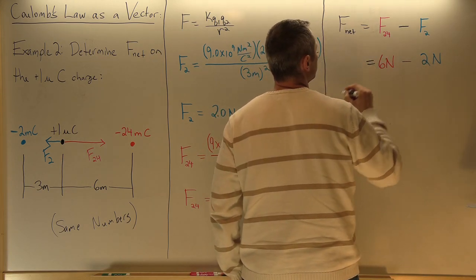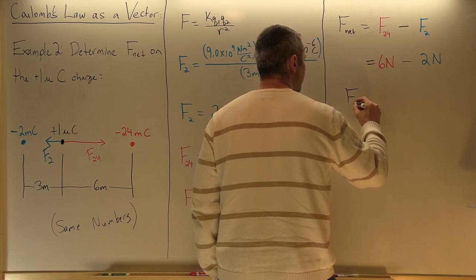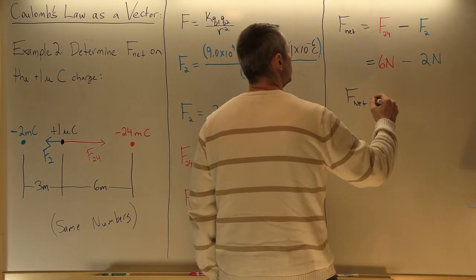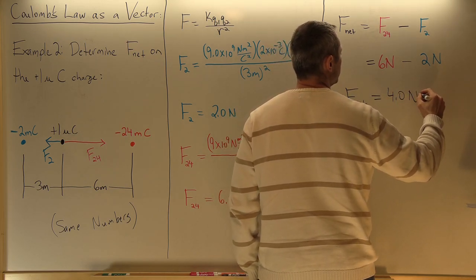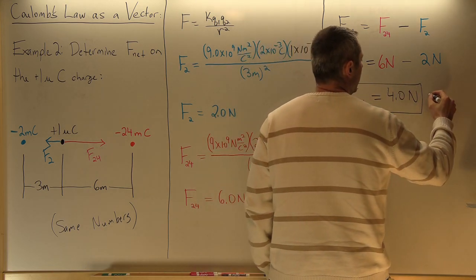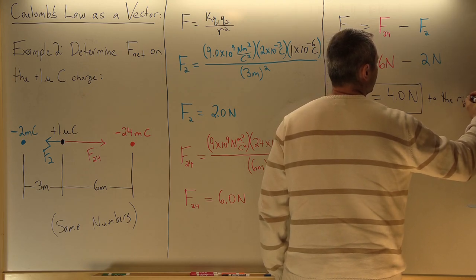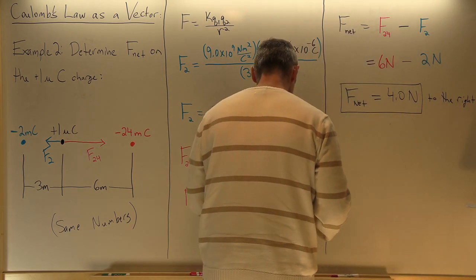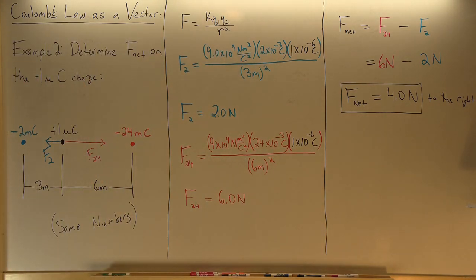Minus equals, and then when we do that out, F net is 6 minus 2, or 4.0 newtons. That's the magnitude. And the direction is to the right again. All right. So let me create another pause to allow you to copy that last bit down.